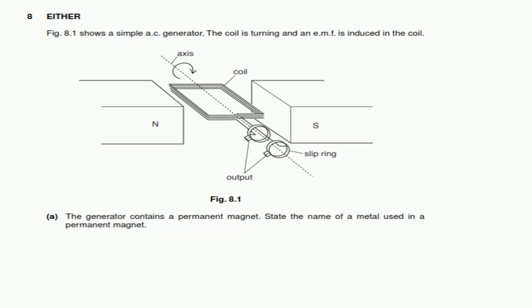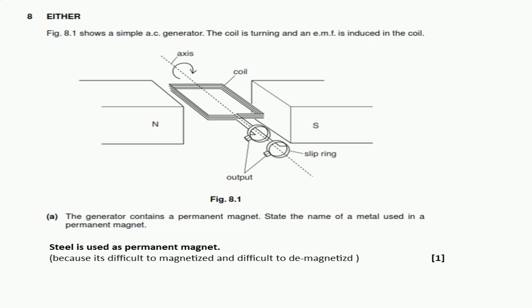Part A. The generator contains a permanent magnet. State the name of the metal used in the permanent magnet. To answer that question, we must have knowledge of magnetic material. Magnetic materials are those materials which can be attracted by a permanent magnet. So they have asked which material we use for the permanent magnet.